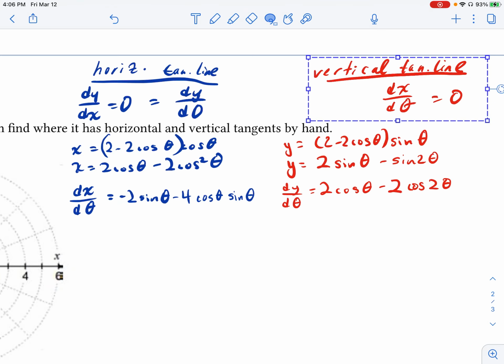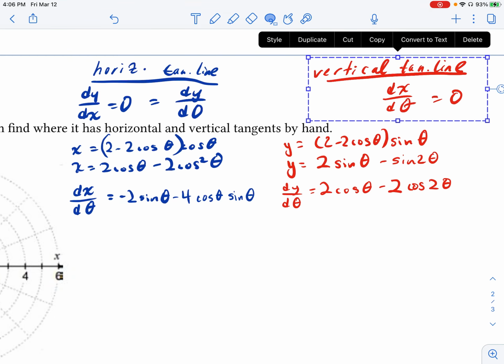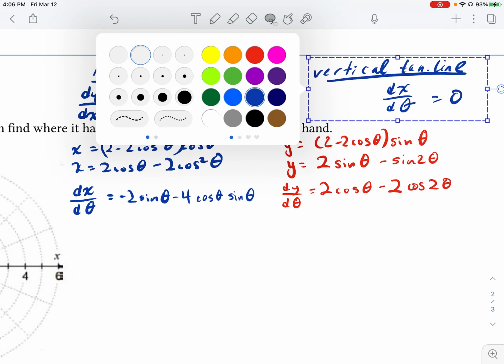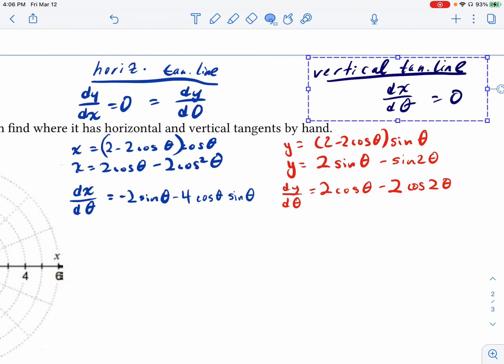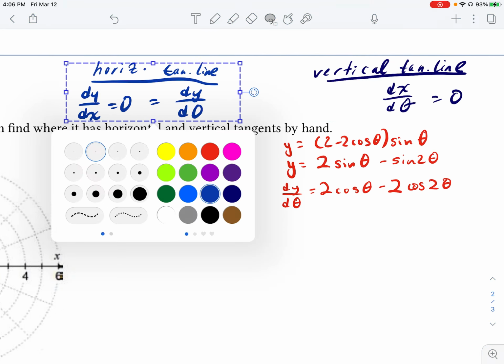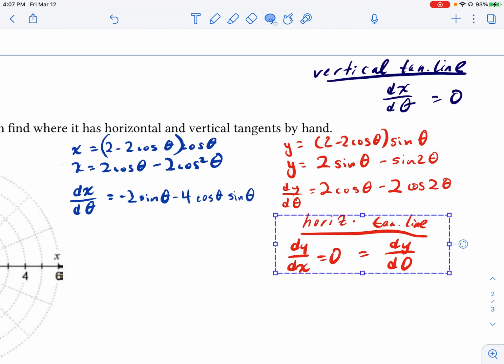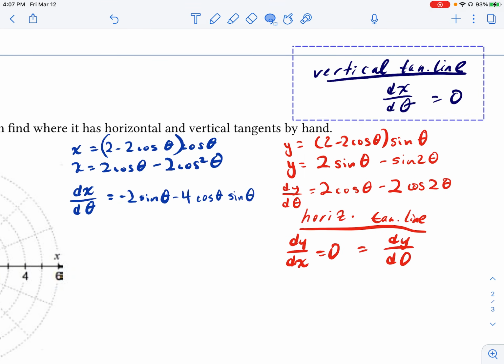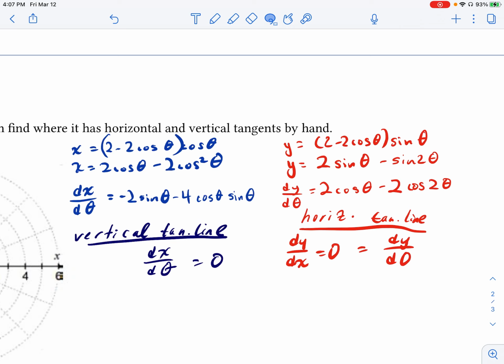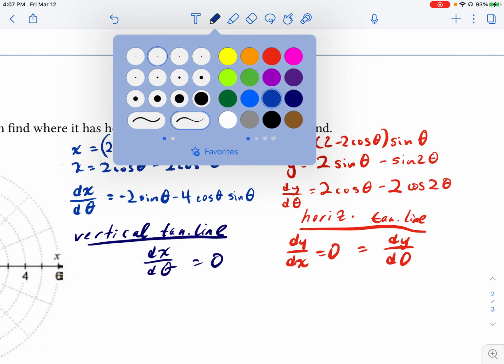So this is technically correct: vertical tangent line is where dx/dθ is equal to 0, but that should be blue for consistency's sake. And this here should be red. All right, I think I'm finally in the right spots here. Okay, so now we're ready to do all this.